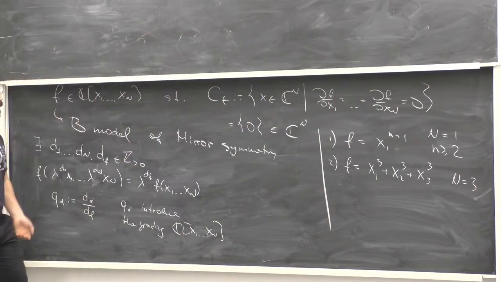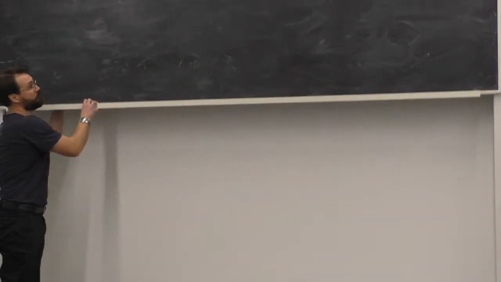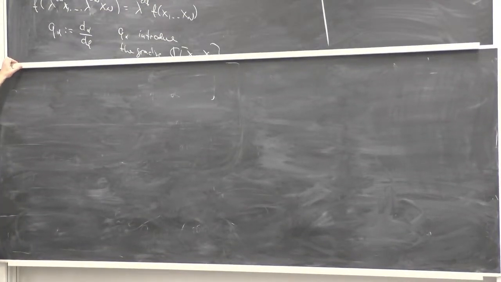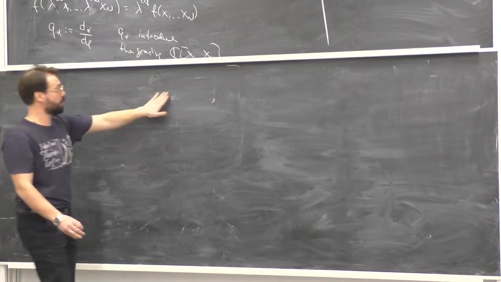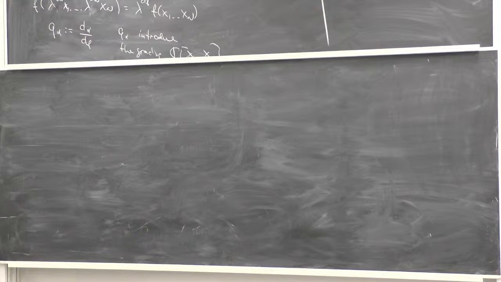So in mirror symmetry, to such a function one associates a B model, and there are different ways how to associate a B model to such a polynomial. I will call such a polynomial a quasi-homogeneous singularity.